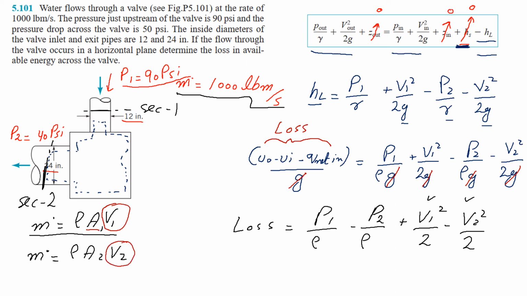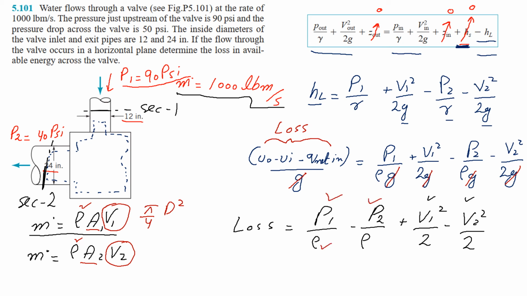Because all the diameters are known to me, I can find the areas by using the pi by 4 D square formula, and I will use the standard density of water in the English units. Pressure at inlet and pressure at outlet are known to me.